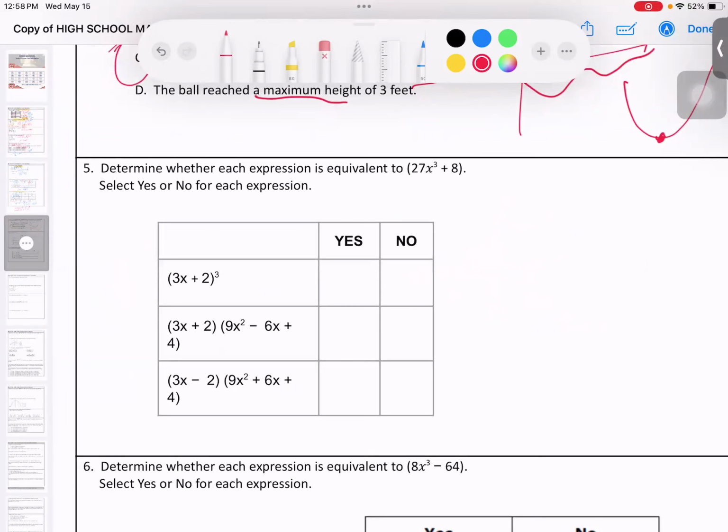Okay. All right. Which expression? Oh, this is the same as before. Okay. Which expression is equivalent to this? How about this?